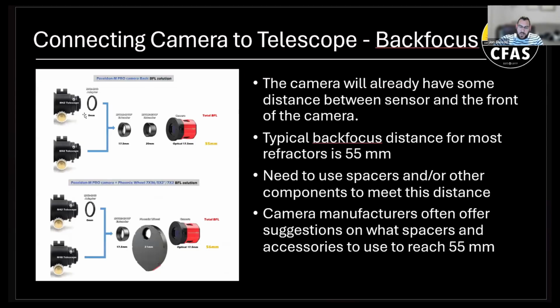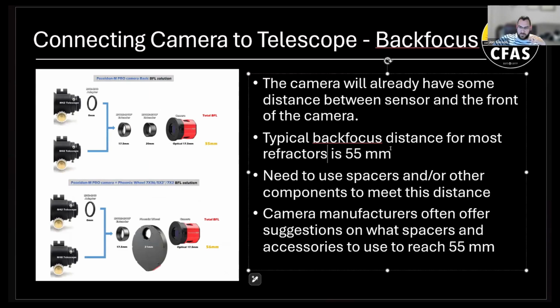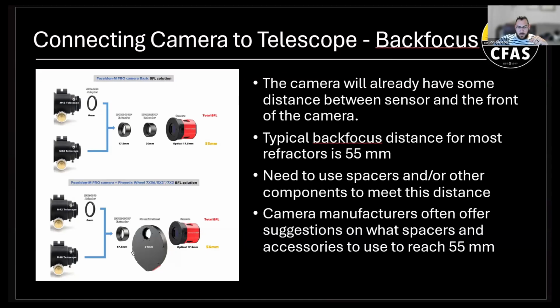Luckily, if you go to your camera manufacturer's website, they'll tell you. Most of them, again, 55 is the most common distance. So they'll tell you what to do to reach 55, whether it's through components and adapters. You can see right here, it's telling you that the distance between the front of the camera and the sensor is 17.5 millimeters.